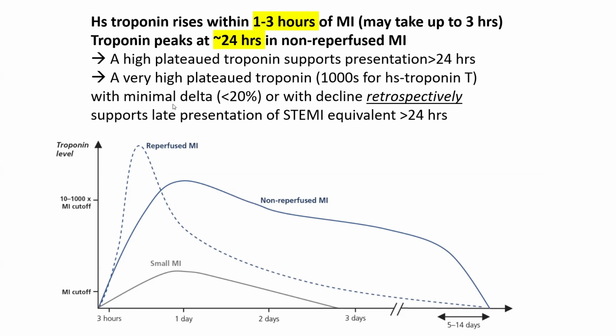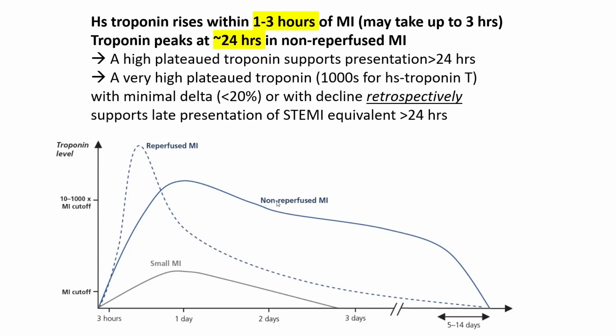So you get that bumpy plateau. And that plateau is important, one, because you realize you don't have delta in this. That doesn't mean you don't have an MI, it means you're late. Two, it helps you time an MI, especially STEMI. In STEMI, sometimes you need to figure out, is it less than 24 hours, more than 24 hours?